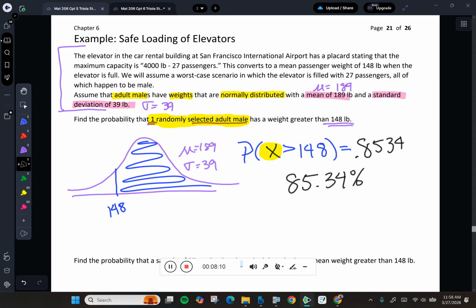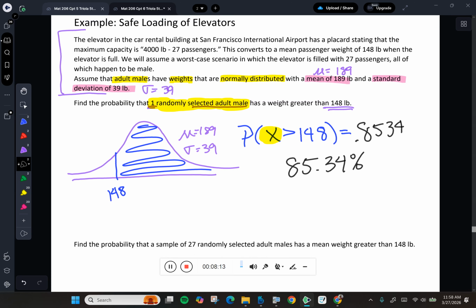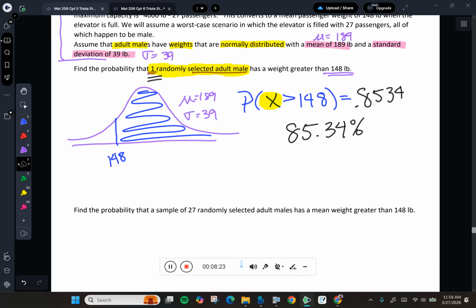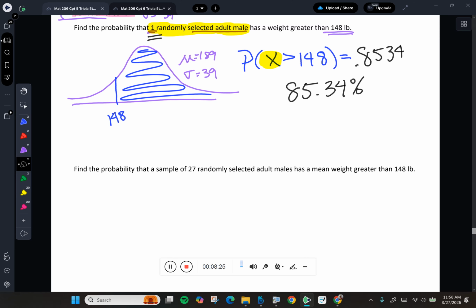Okay, now let's take a look at how the question changes when we go from talking about a single individual in a population to a sample from a population. The second part asks, find the probability that a sample of 27 randomly selected adult males has a mean weight greater than 148.